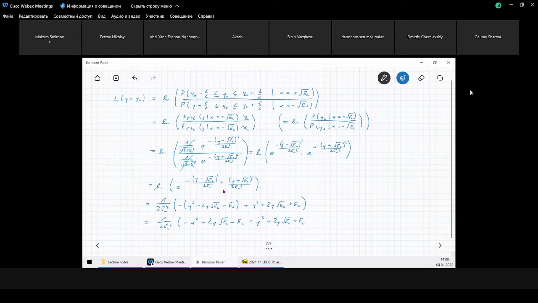Okay, so let's see what cancels out here. Minus this one, plus this one, minus EC plus EC. So what remains here is basically just 1 over 2y square root EC plus 2y square root EC, so this is like 4.